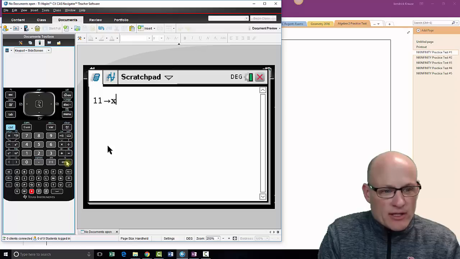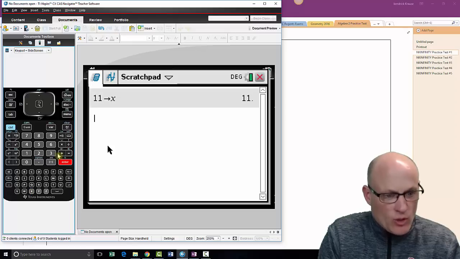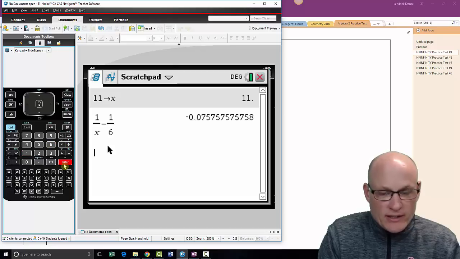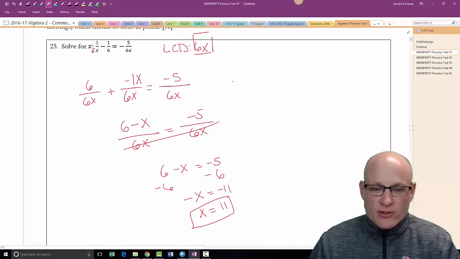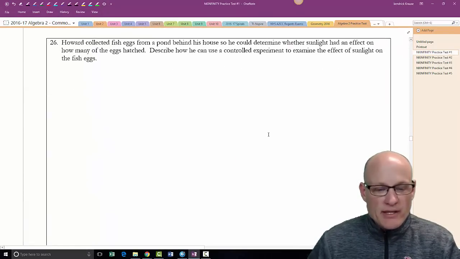And then we're going to type in the left side, which says 1 divided by x minus 1 divided by 6. Ka-chang! That's crazy. And then we're going to take -5 and divide it by 6x. I have to be careful with this one. And I hit enter. Oh, look at that. The same crazy stuff. There's my answer. x equals 11. Done. Next problem.